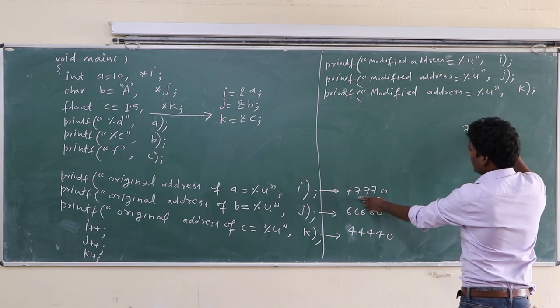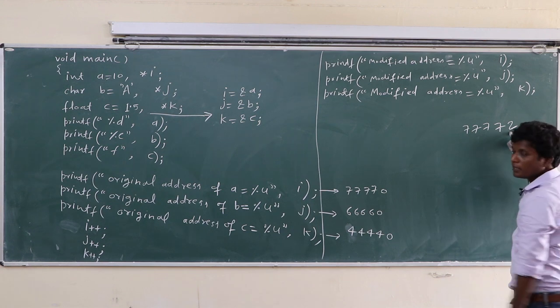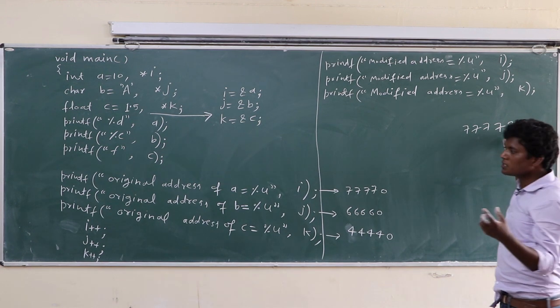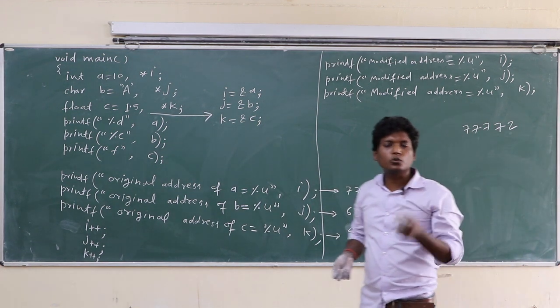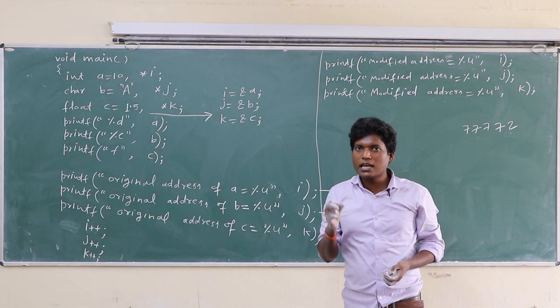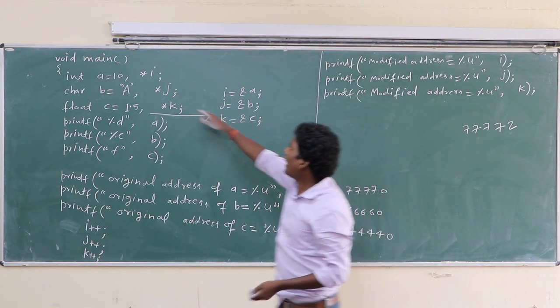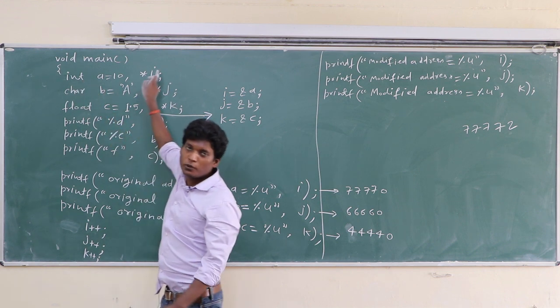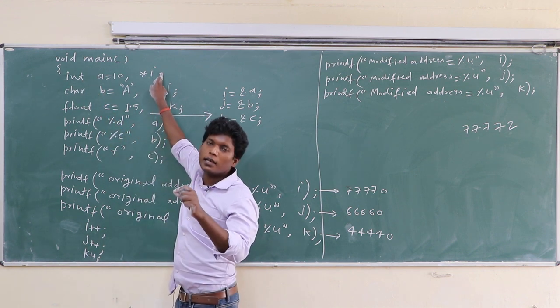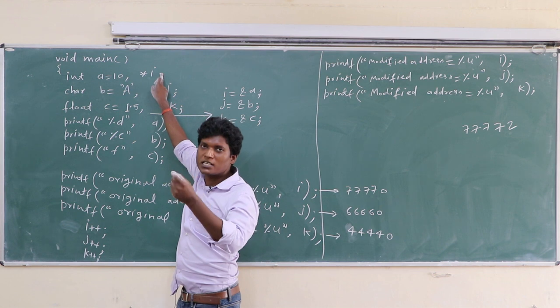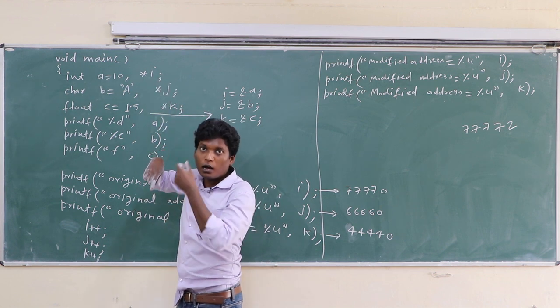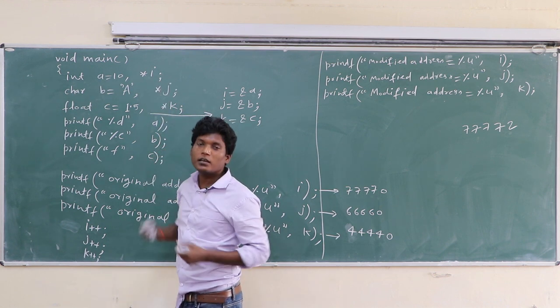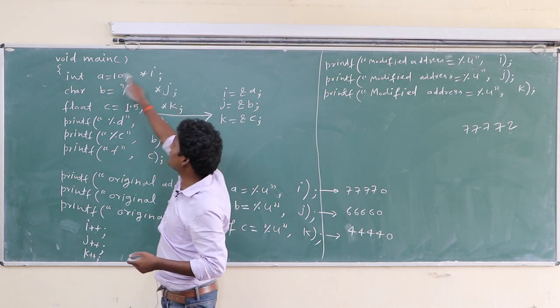This time I becomes 7777 and 2. Here it is incremented by 2 because integer has size 2. Suppose integer has size 2 and I points to an integer. When you increment I plus plus, it points to the next location of its type. Of its type means integer type, because I is integer.